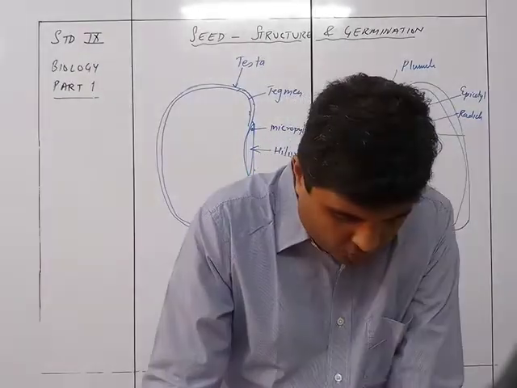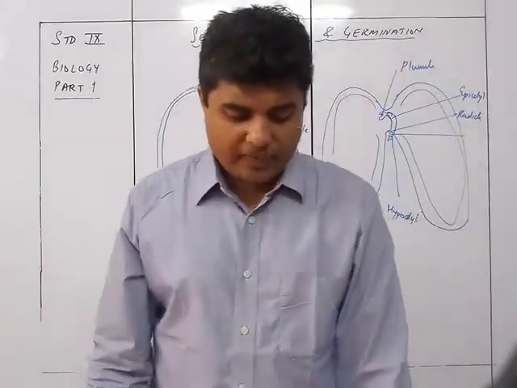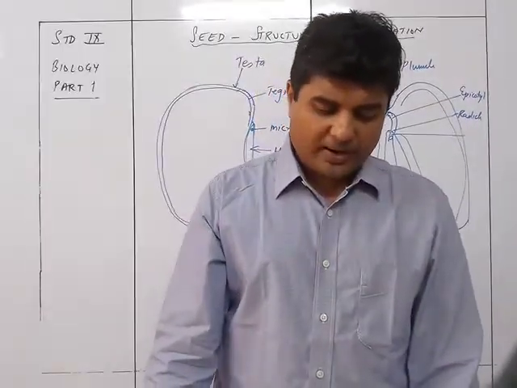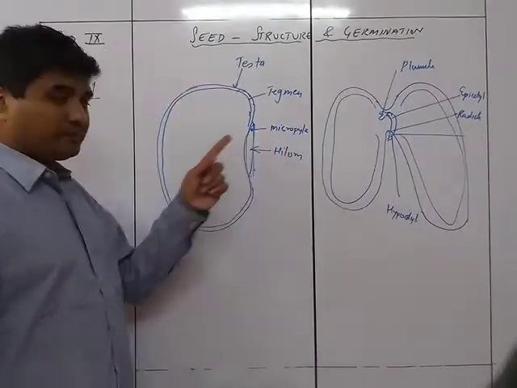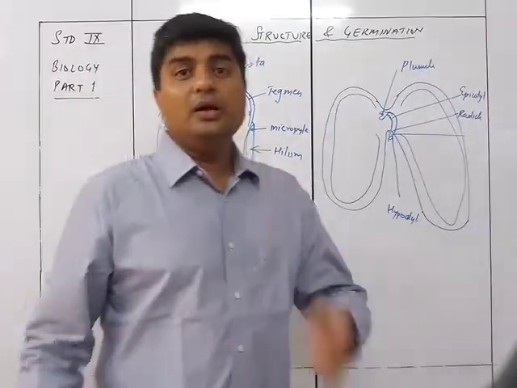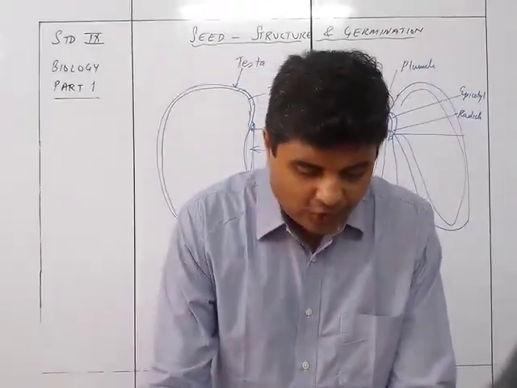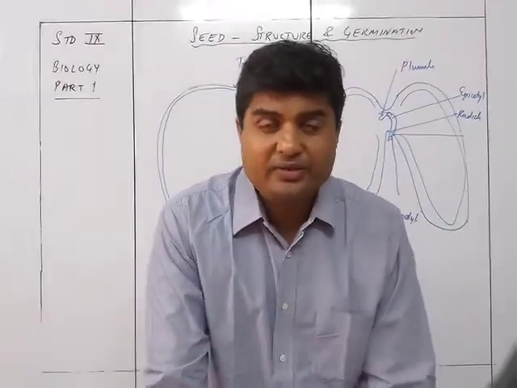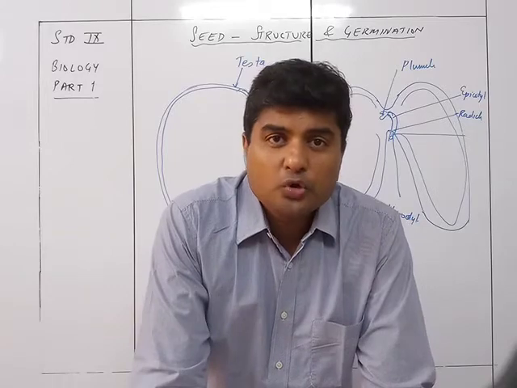A tiny pore called micropyle is situated close to the hilum. It marks the opening through which the pollen tube had entered the ovule. So micropyle over here is that point through which the pollen tube had entered into the ovule. After the seed is formed, the micropyle gives two main functions.